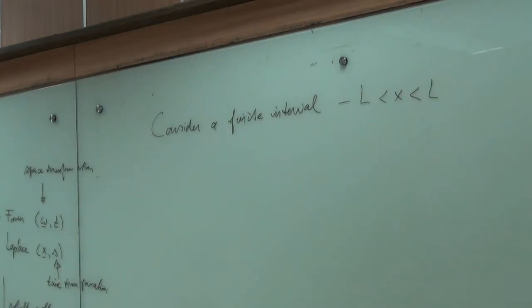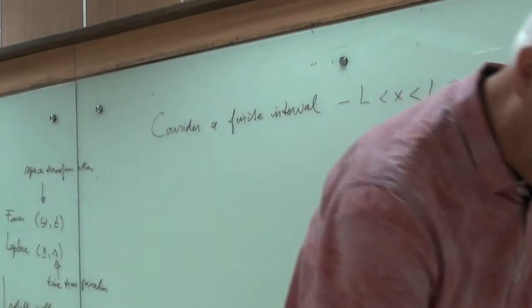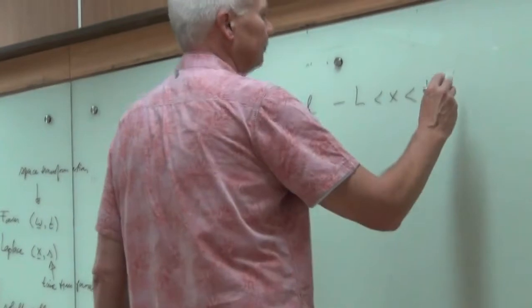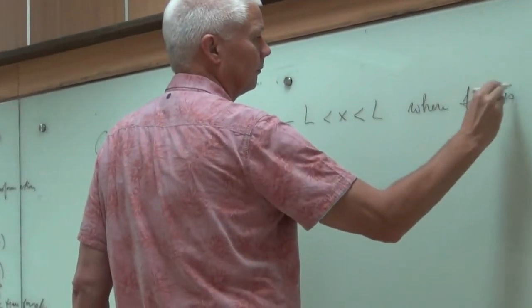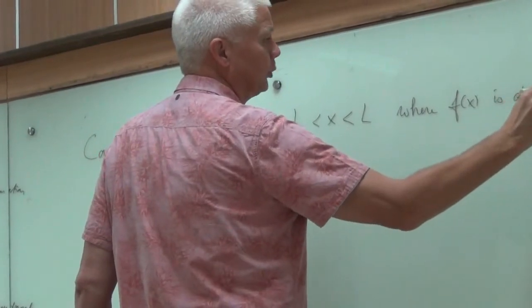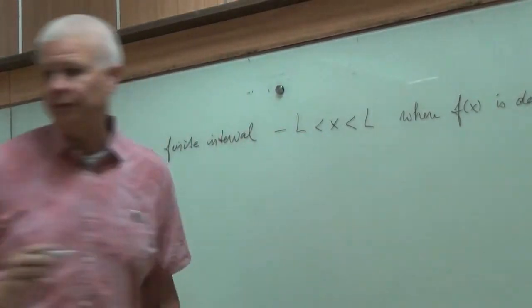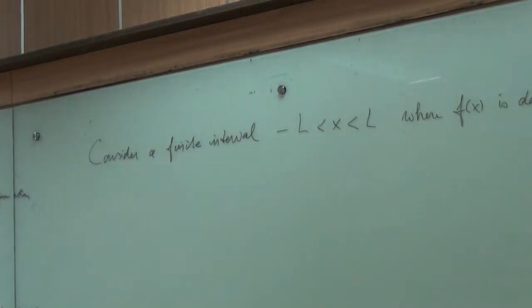And actually, I would like to solve problems on an infinite domain. Yeah, so I would later on let L tend to infinity. But let's assume that we have a bounded domain. And I'm going to derive that from the bounded domain. And I assume that on the domain my function f is defined.